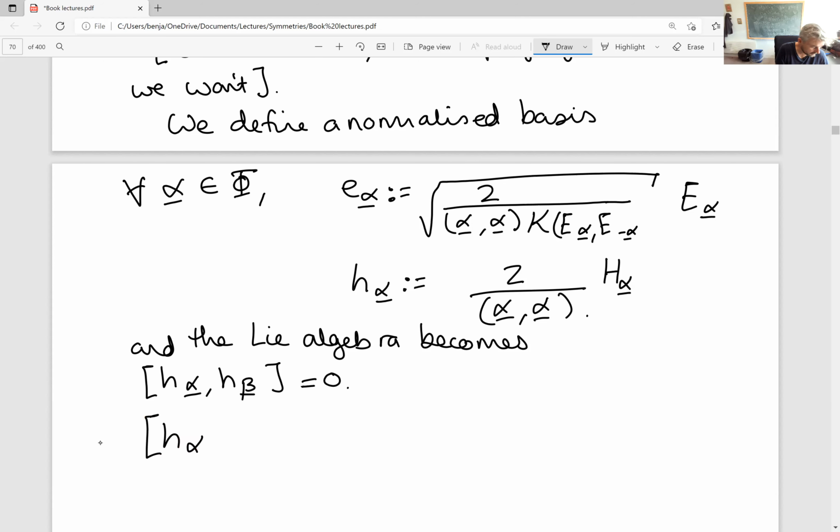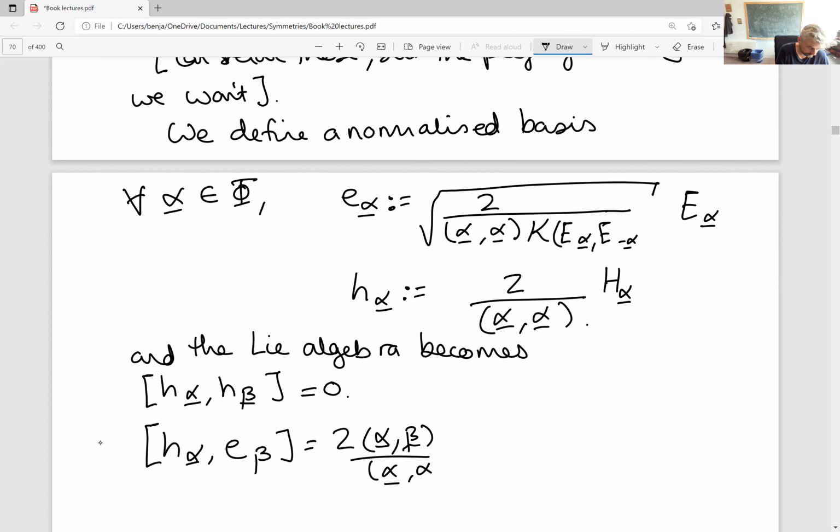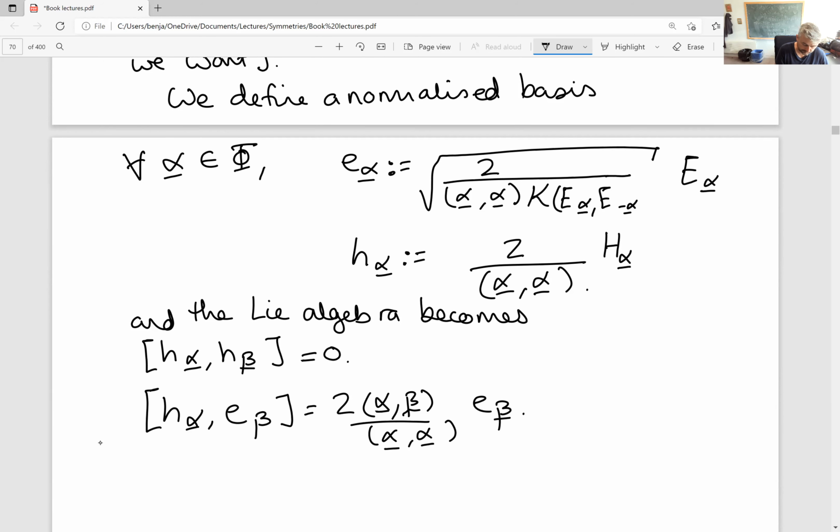And if we consider little h alpha, Lie bracket with little e beta, this comes out to be twice alpha beta over alpha alpha times e beta. So you can just check that by substituting in for H alpha and E beta, putting in the constants of normalization, and using our previous commutators between big E's and big H's.